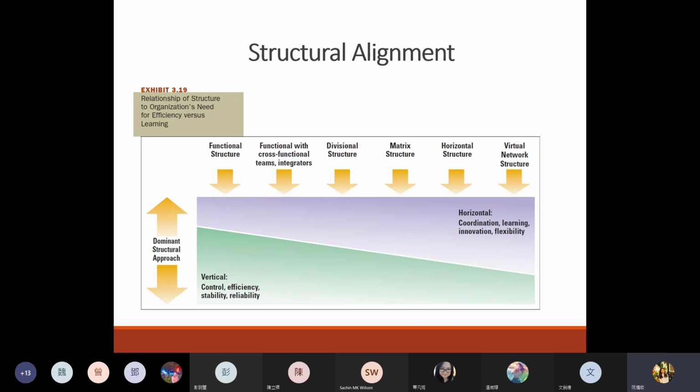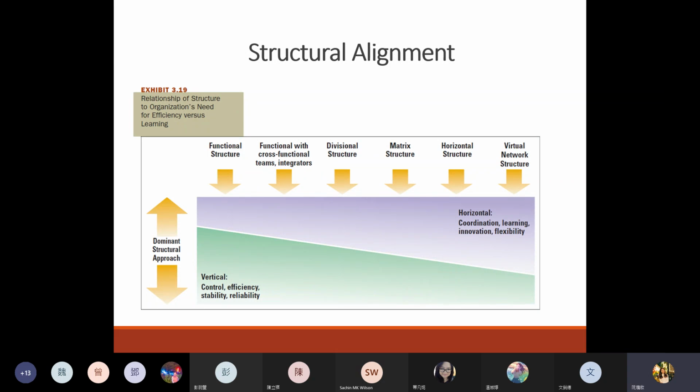So that is why, based on this kind of categorization, you can see that virtual network will be the one that gives you the highest flexibility, because you can obtain resources from many different sources, and you have the flexibility to change whenever it doesn't fit you.